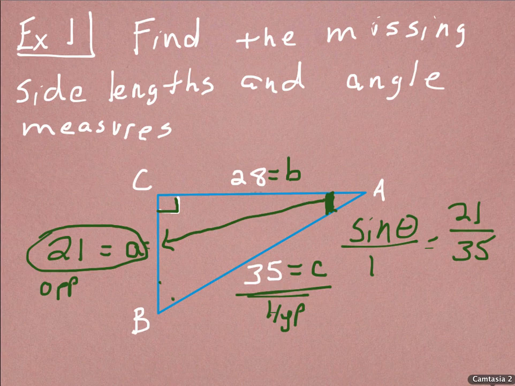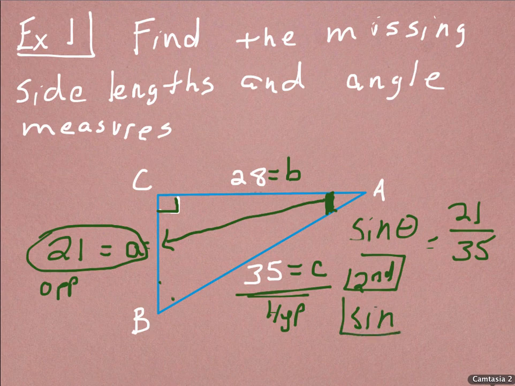So if you're missing an angle, this is how you want to do this. And it's pretty simple in the calculator. You don't need to put 1 underneath here. On the calculator, you'll hit second, it's a yellow button, and then hit sine, and you'll see sine inverse. Punch this fraction in here.